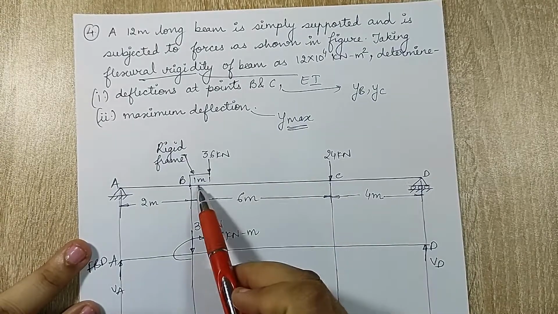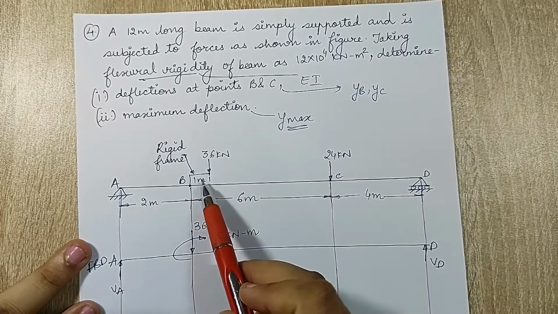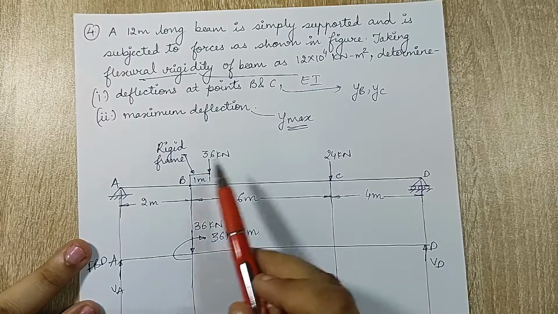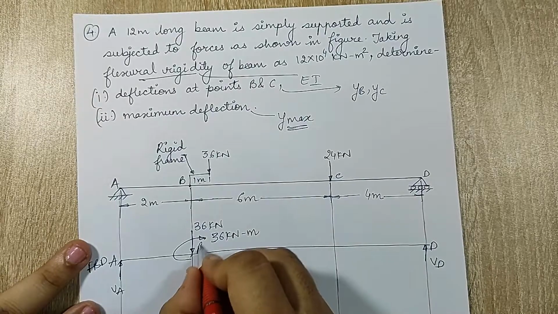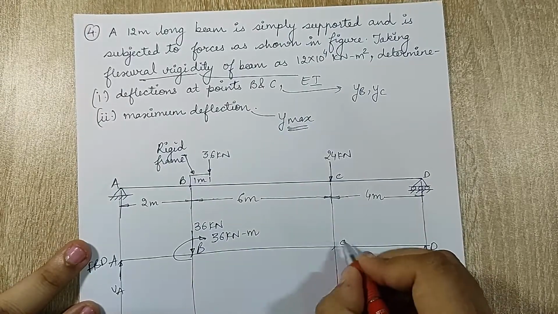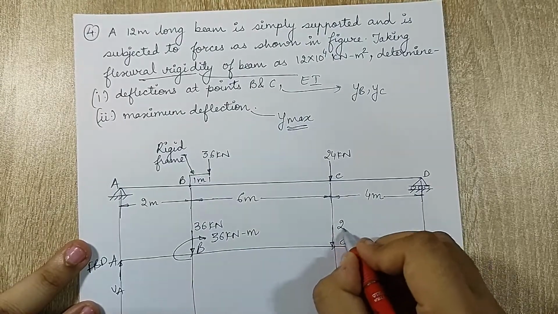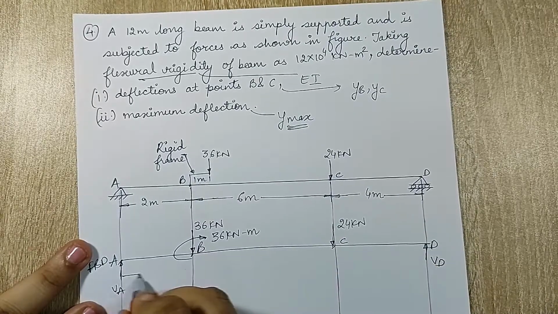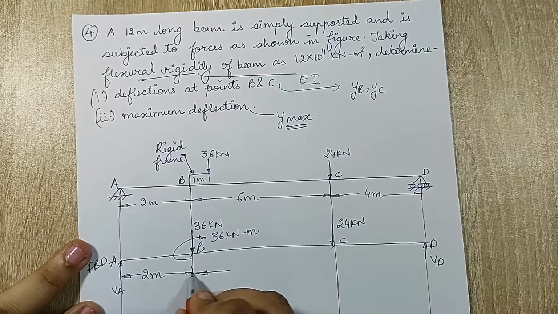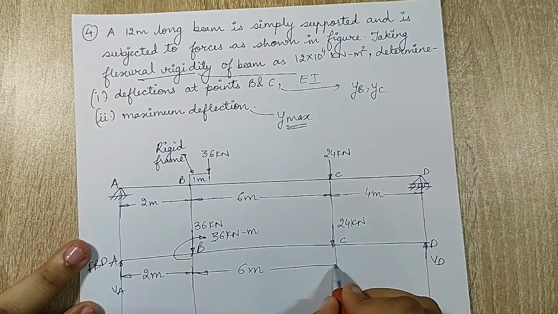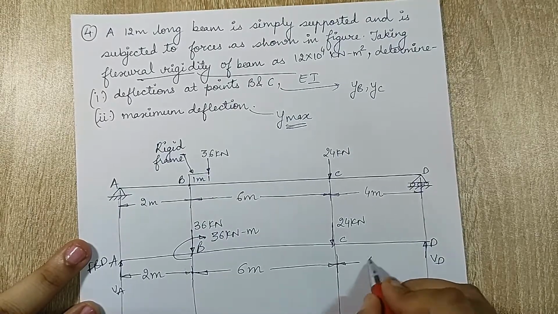Always multiply 36 with the distance at which it is acting. It could be 1 meter, 1.5 meter, 2 meter. Just multiply with it and substitute the value. So this is my point B. At C, simply there is a load of 24 kilonewton. I'll mark the distances as 2 meters, 6 meters and 4 meters.